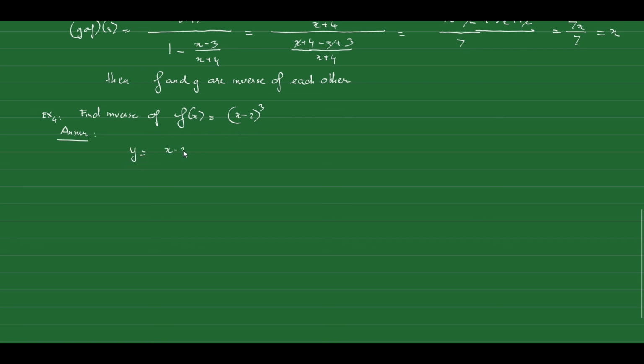Then you swap x and y, so y becomes x and x becomes y. Then you try to solve for y. It means you try to get the y by itself, like in a literal equation. So you're going to take the square root of both sides in this case.